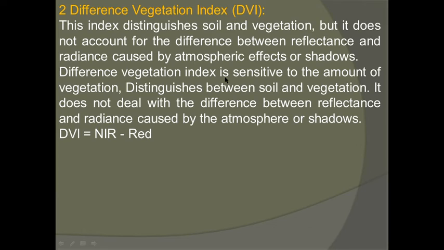Difference Vegetation Index is sensitive to the amount of vegetation and distinguishes between soil and vegetation. It does not deal with the difference between reflectance and radiance caused by the atmosphere or shadows. Difference Vegetation Index is equal to infrared minus red.